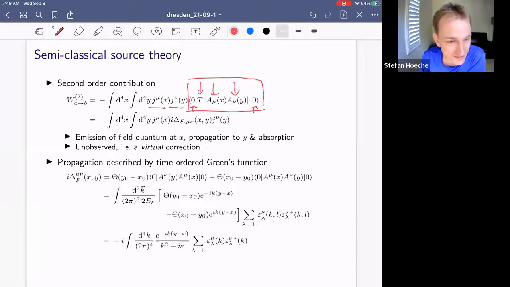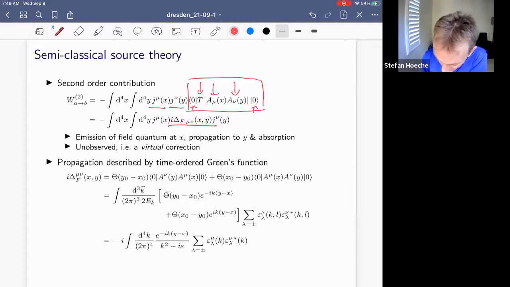Anybody want to shout what happens there? So this is the Feynman propagator. This time ordered product of the two gauge fields is just the Feynman propagator for the gluon between point x and point y in position space, not in momentum space.